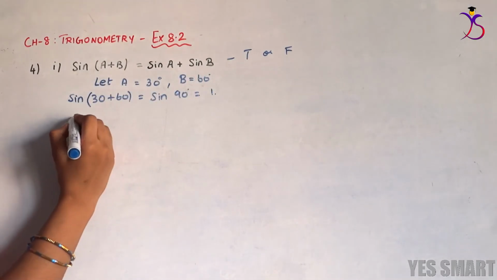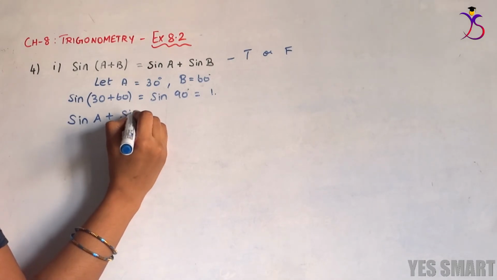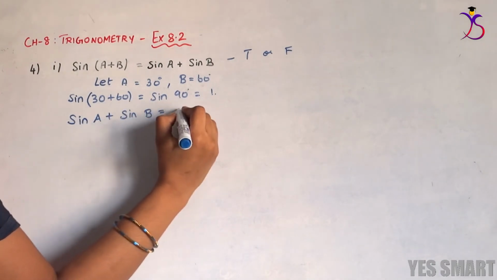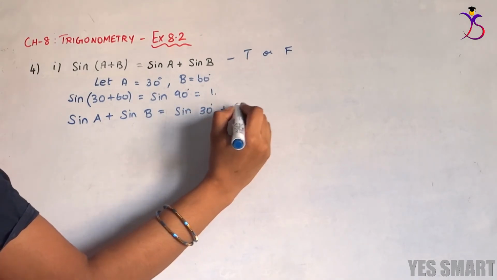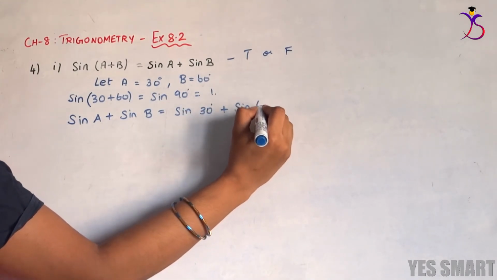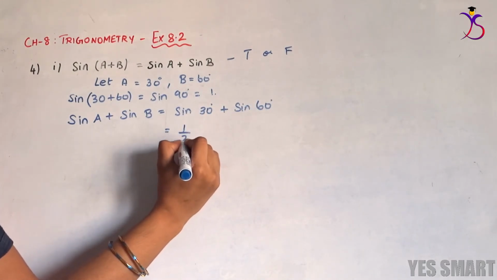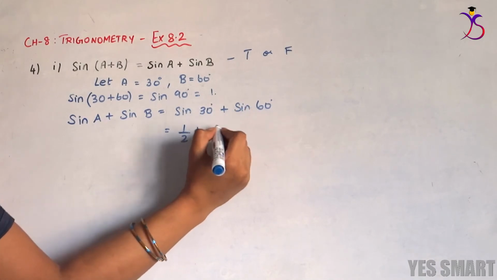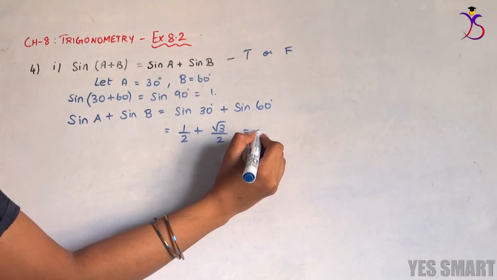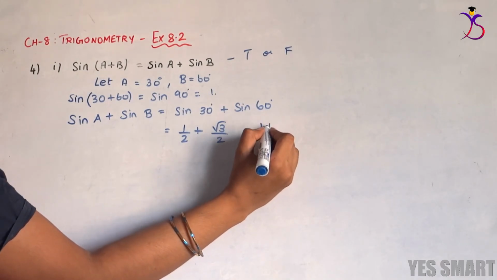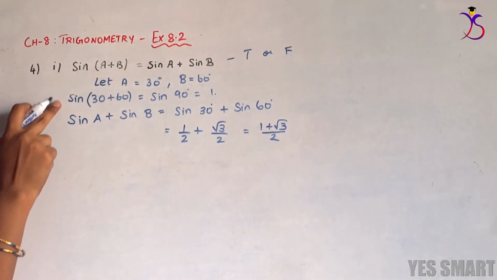Similarly, let's substitute in RHS. sin A + sin B = sin 30 + sin 60. The value of sin 30 is 1/2 plus sin 60 value is root 3 by 2. When I add this, I am just getting (1 + root 3)/2. The values of LHS and RHS are not equal.